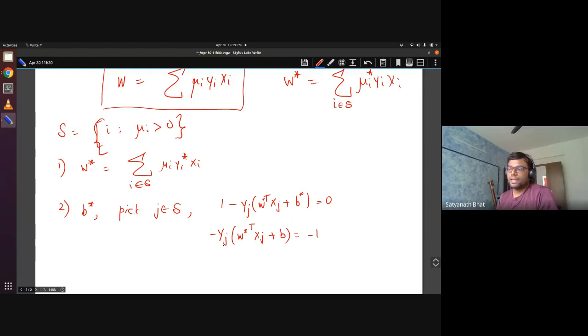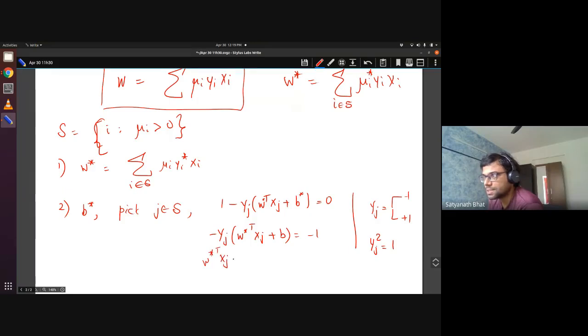So what are all the possible values yj can take? Yj is either minus 1 or plus 1. But yj square is always 1, right? So if I multiply everywhere with yj, I will get w star transpose xj plus b equal to minus 1 into minus yj, which gives yj.